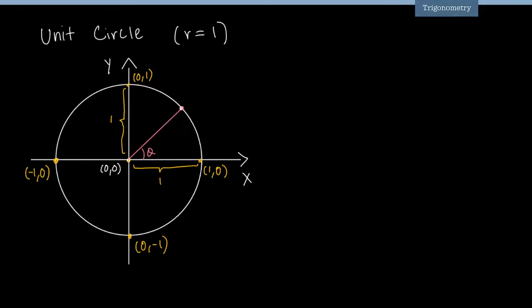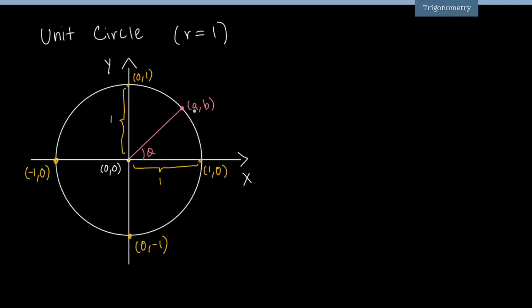Let's suppose that this point is A, B. And now I'm going to find the relationship between A and B and theta. So I'm going to write A in terms of theta and B in terms of theta. So I'm finding the relationship between this angle and the point of intersection.